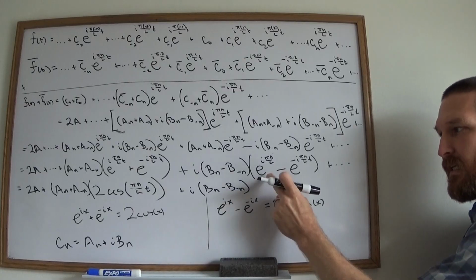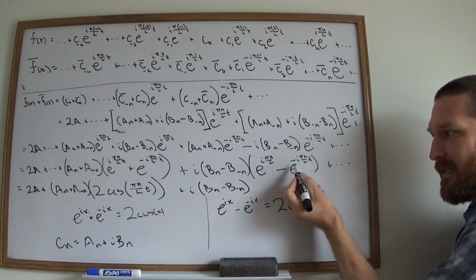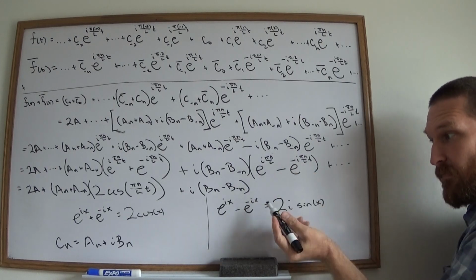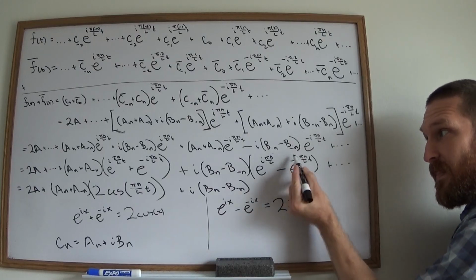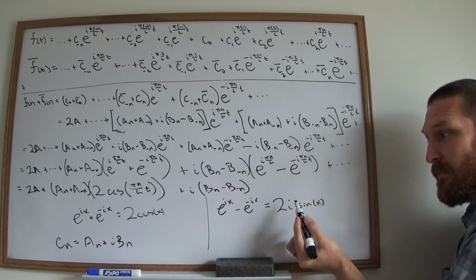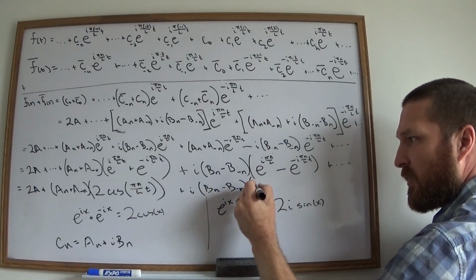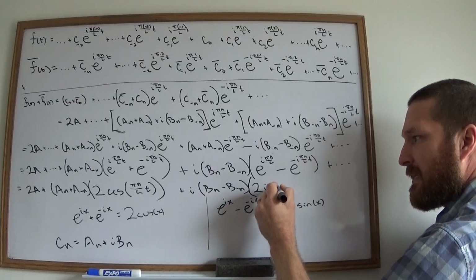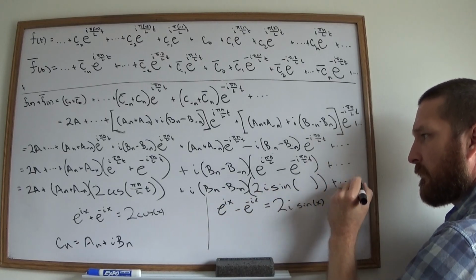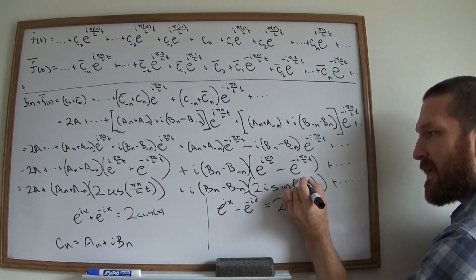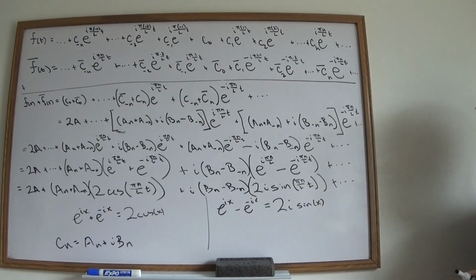Well, this is e to the i stuff minus e to the negative i same stuff. So this right here is the same thing as 2 times i times sine of that stuff without the i in it. So this is 2 times i times sine of the stuff without the i, which is pi n over L t, like that.